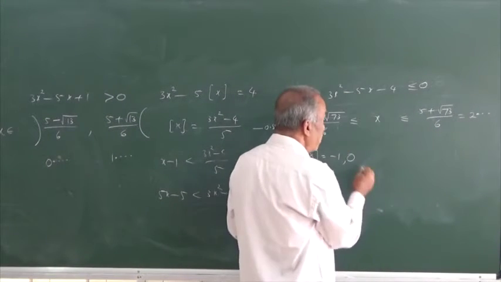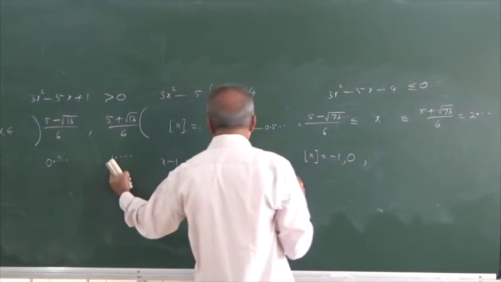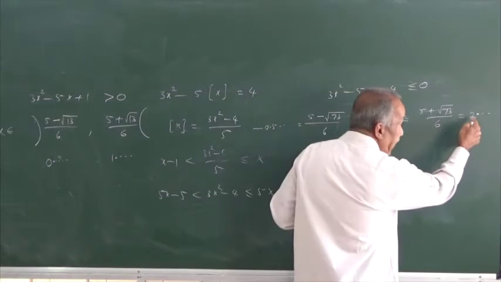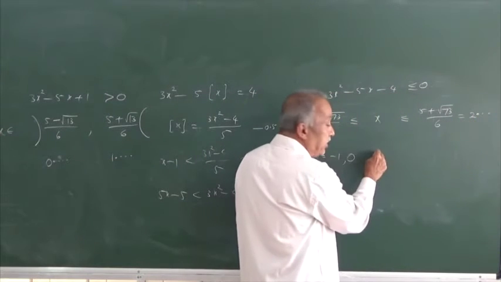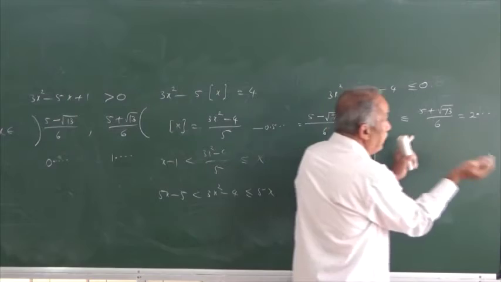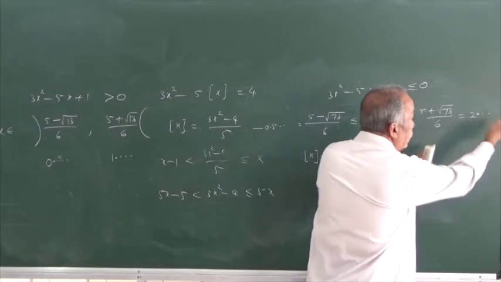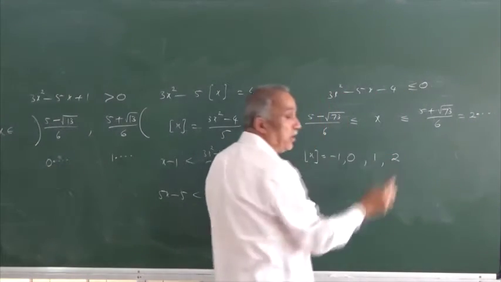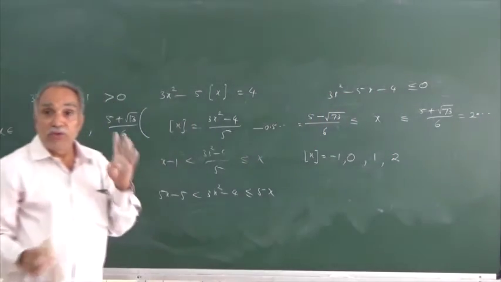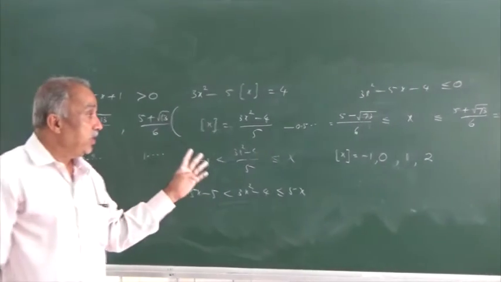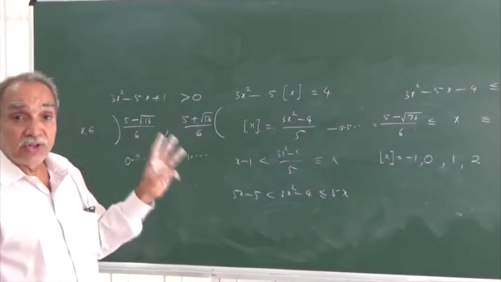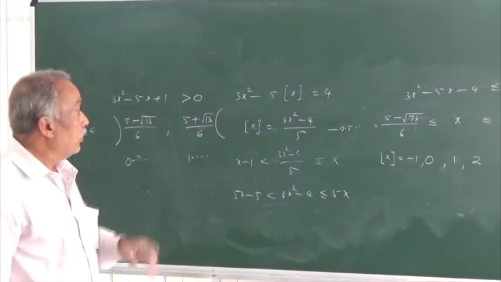So, again two possibilities: it may be between 1 point something and 2 having integer part 1, or between 2 and 2 point something with integer part 2. So, in total we have 4 possibilities, integer part may be −1, 0, 1 or 2.